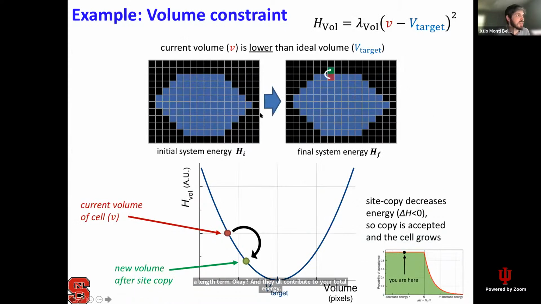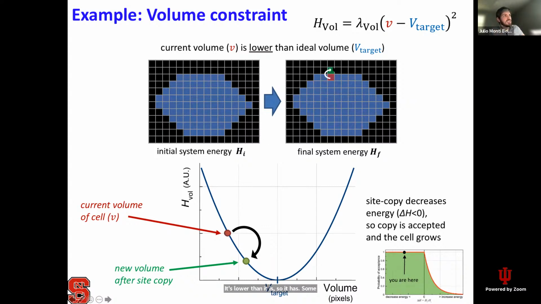And the way it works is that, okay, let's say the cell has a volume V, small, lower than this ideal volume, okay? And then you go from a state like this to this, so there is a pixel copy attempt that increases the volume of the cell, okay? So this is a case where, if you look at your volume constraint, because the cell has a volume that's far away from its target, lower than it should be, it has some kind of very high energy.